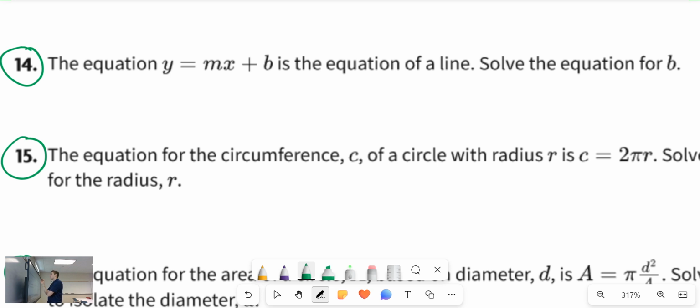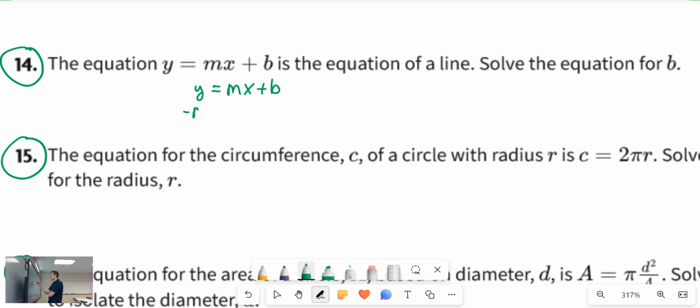Okay, so y equals mx plus b. Let's start right here with it. All right, we want to solve the equation for b. Well, that means that we just need to move the mx to the other side.